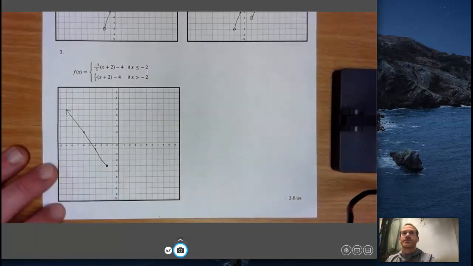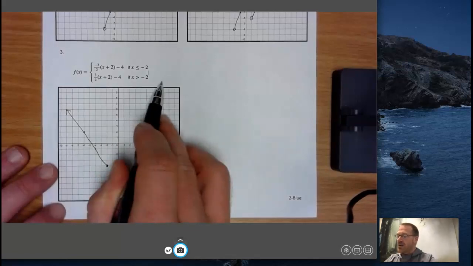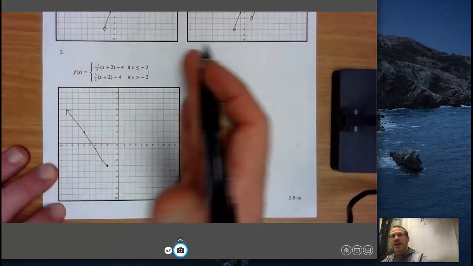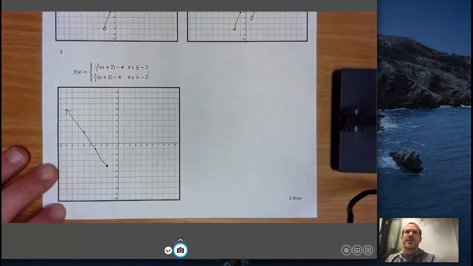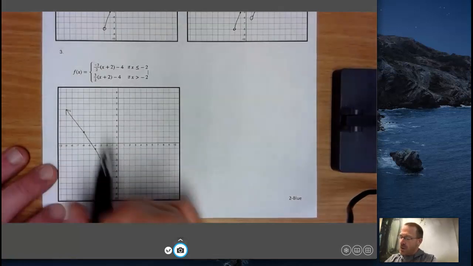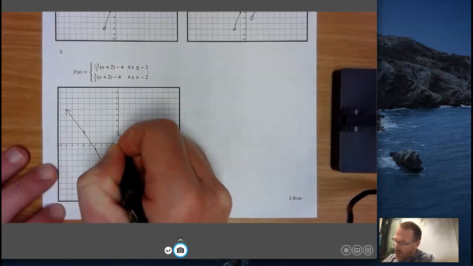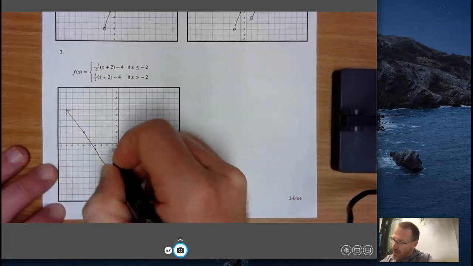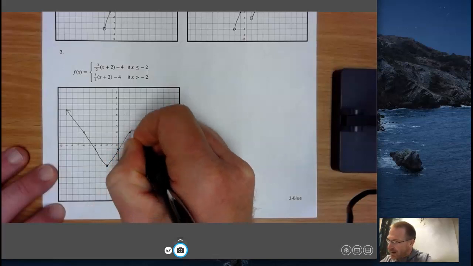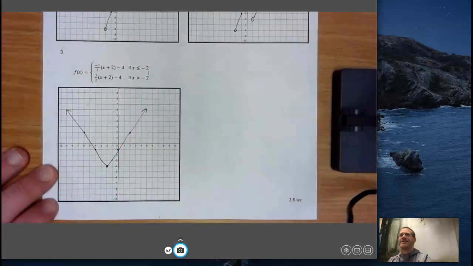And now I have to do everything greater than -2, which means I need everything to the right of this point. So I'm going to just do my slope. I'm going to go up 1, 2, 3 to the right 2, up 1, 2, 3 to the right 2, and notice what I get here. Does that look familiar, my friends? Hopefully it does.